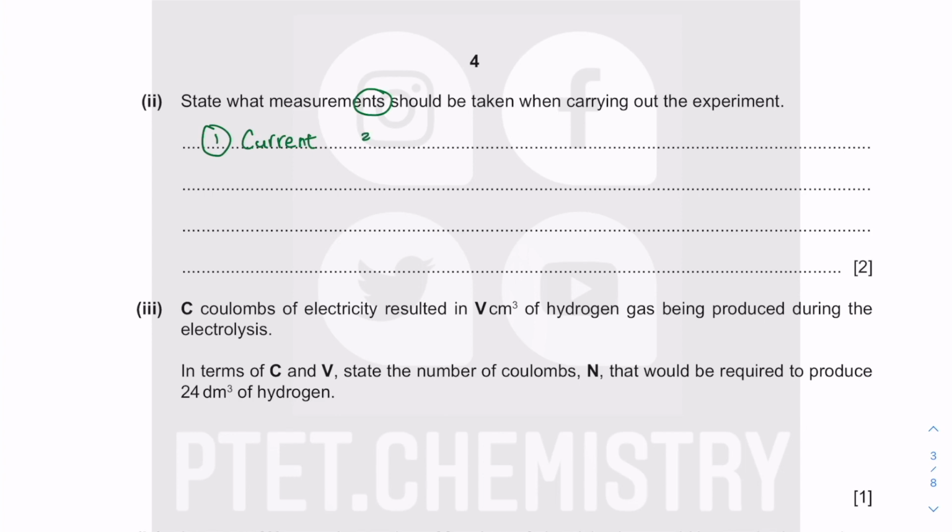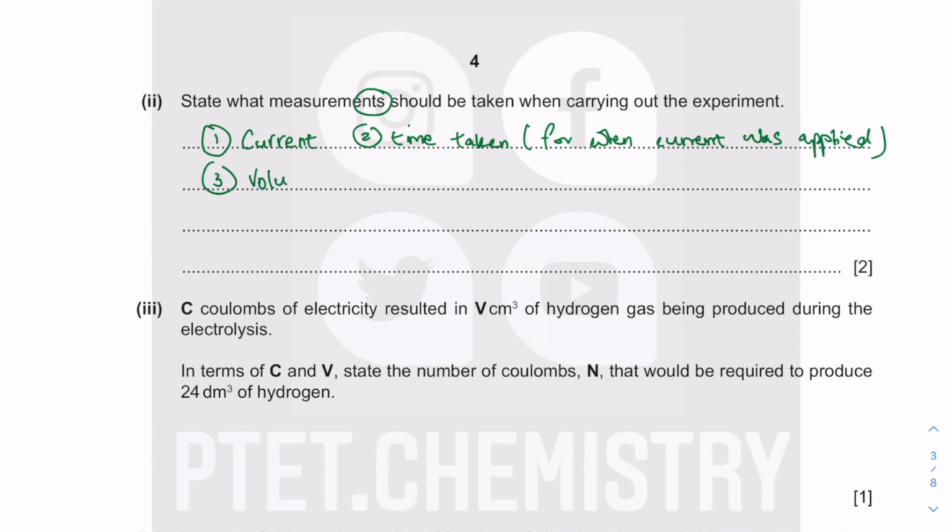Okay, time taken for when current was applied. So from your previous graph, you need the volume against time. If you don't know what is the volume produced at a specific time, then it's not going to be worth it, is it? All right, so you need a stopwatch in order to measure the time taken for as long as the current was flowing.